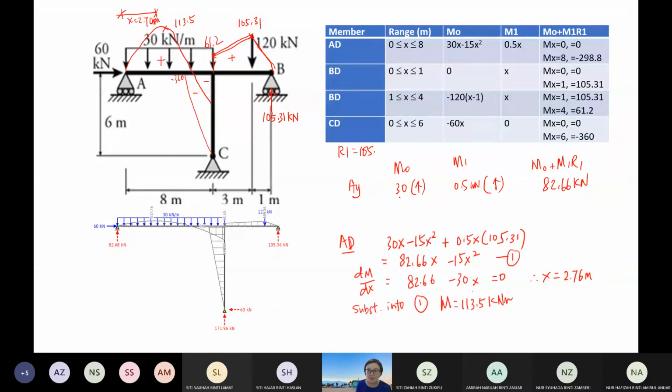Here M0 is 30 kilonewton upward, and M1 is 0.5 kilonewton upward. You can assume a direction to be the positive side. For example, I choose going up as positive. Then I fill in my equation, M0 plus M1 R1.